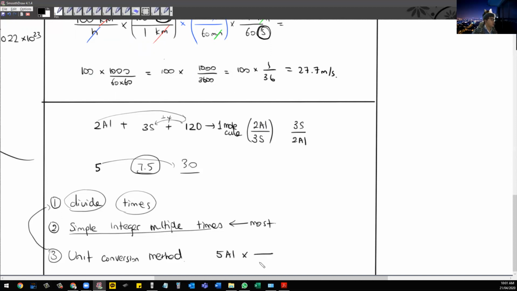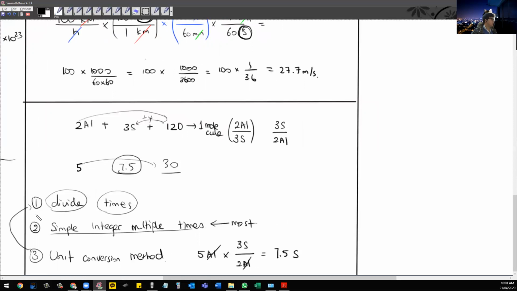So times that by 3S over 2Al, then you see Al cancel out, and you're left with 7.5S. S is remaining, right? Well, that's pretty much the same as 5 divided by 2 times by 3. But it's just a different perspective. It's from the perspective of unit conversion and canceling out. Okay, all good?